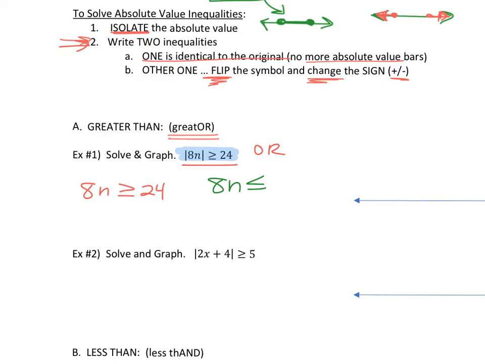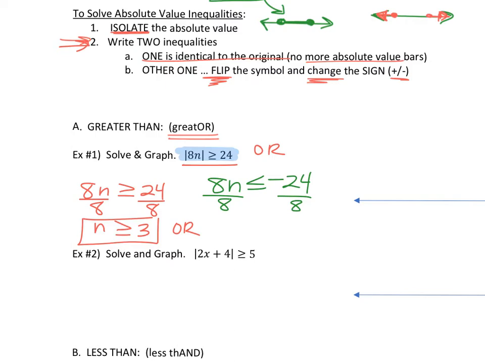Negative 24. So still do the negative, but also flip. Okay? And then you just solve both of those. And you know how to solve both of those. What do you do? Divide. So you're going to divide by 8 here. And you get n is greater than or equal to 3. Okay? Or, because this is an or problem, divide by 8 here. And you get n is less than or equal to negative 3. Okay?